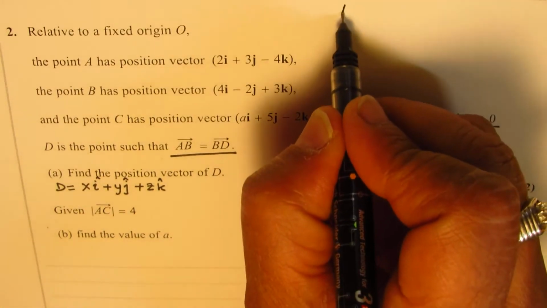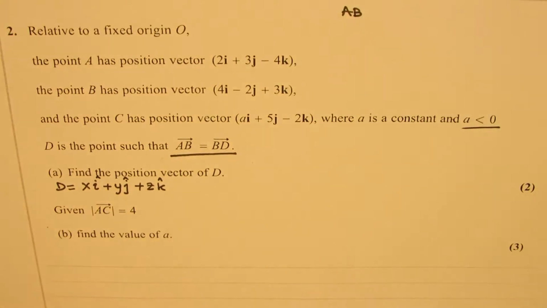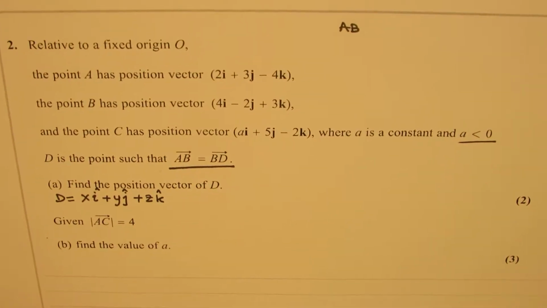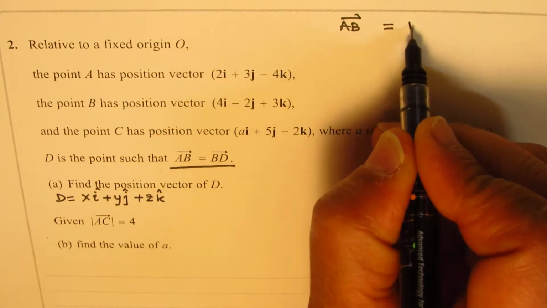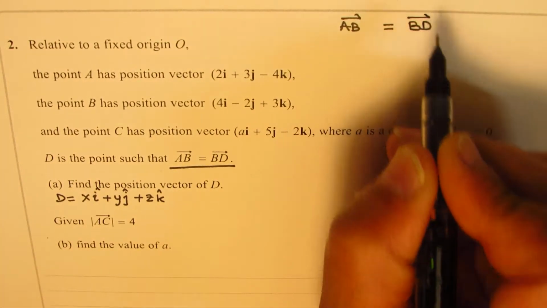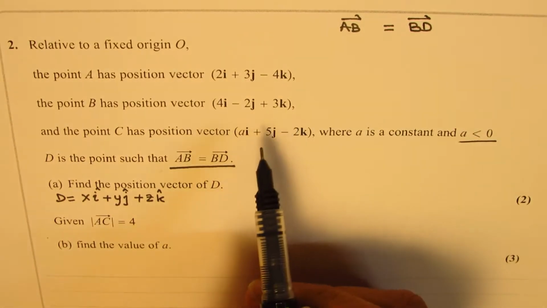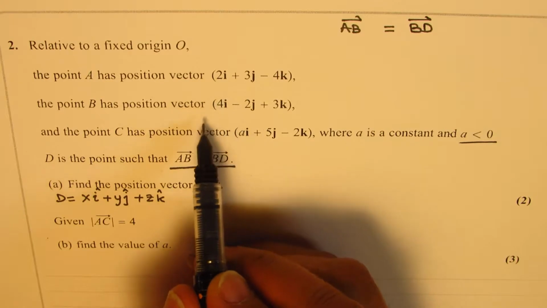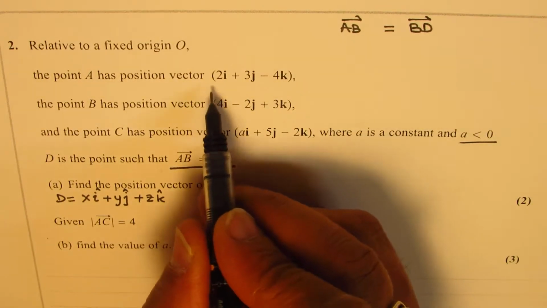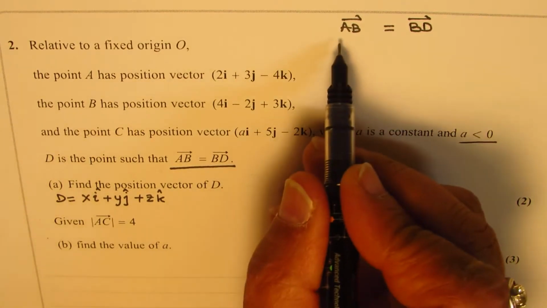When we say that vector AB is equal to vector BD, AB is B minus A, so OB minus OA.